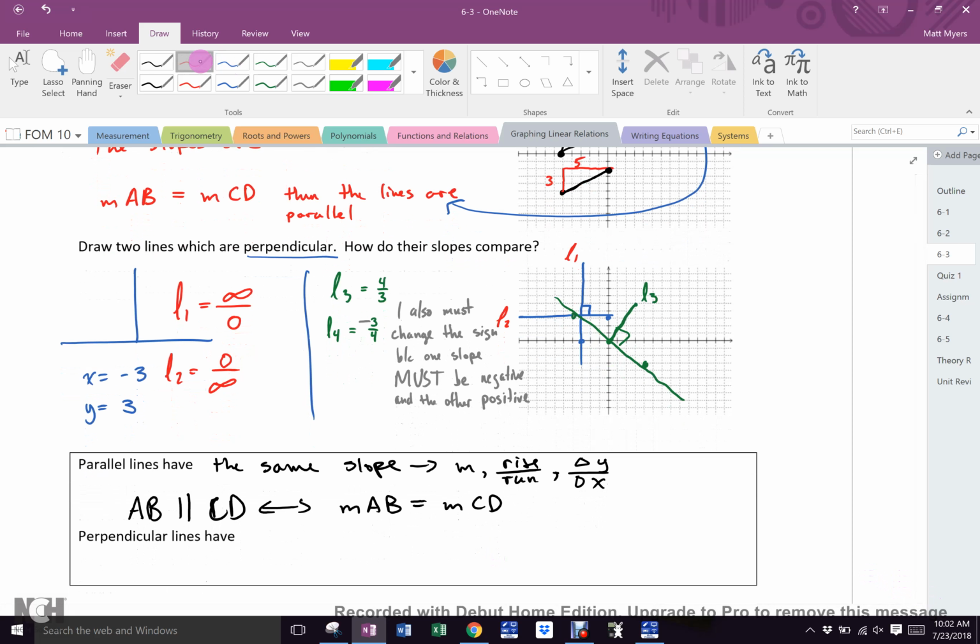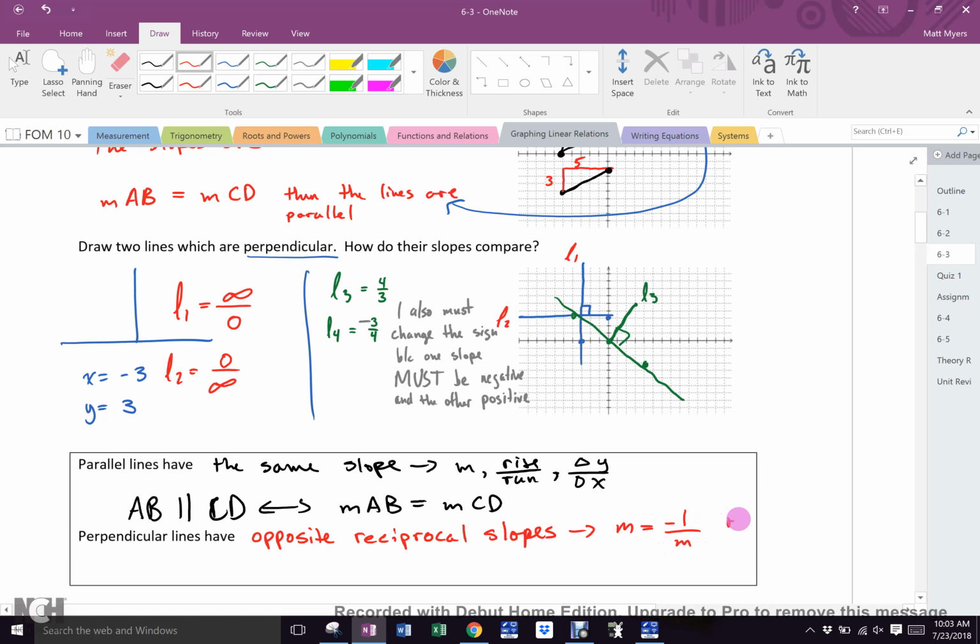perpendicular lines have opposite reciprocal slopes, which means that the m of one equals negative 1 over m of the other. Okay?